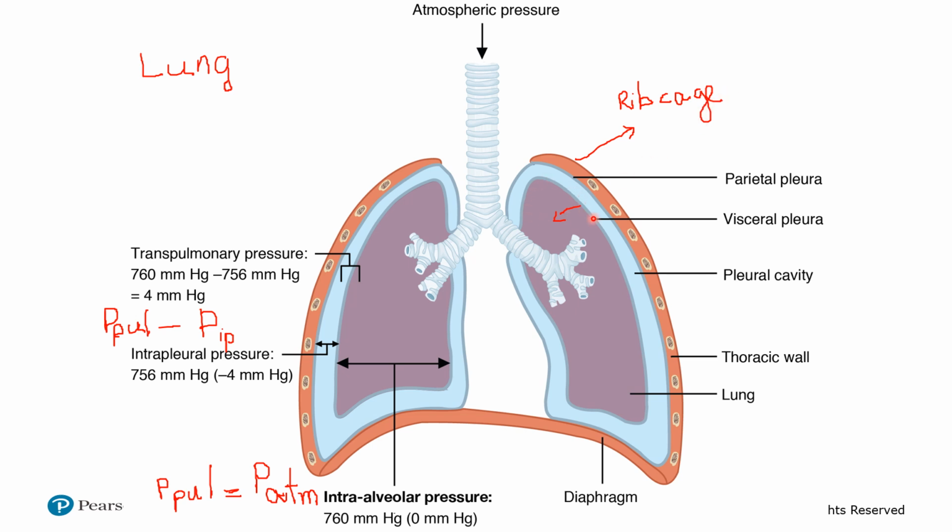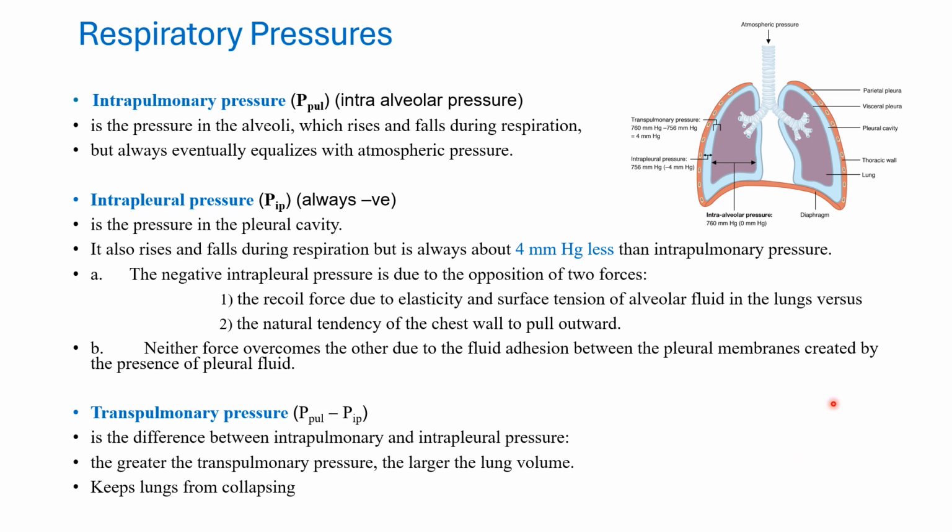And then we have these pleura which are stuck to each other. So these forces balance each other, and the intrapleural pressure is kept negative. The lungs are kept inflated, and it is very important that this intrapleural pressure stays negative, otherwise the lungs will collapse. So this is basically a revision of what we discussed.